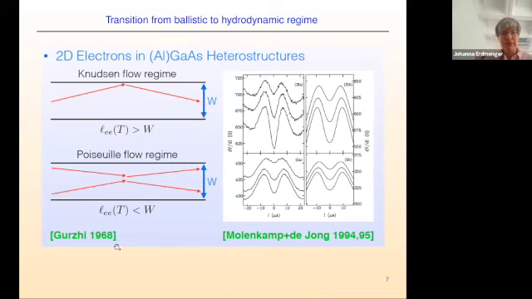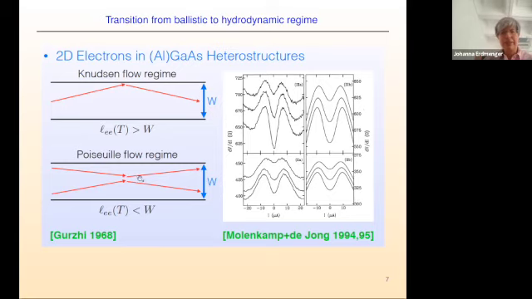That was predicted by a theorist already in 1968, the so-called Gurzhi effect. It's the crossover from this ballistic to this hydrodynamic regime. And if we are in this hydrodynamic regime, then the opposite behavior happens. If you further increase the current, then the resistance goes down again, because of this collective motion there's less scattering off impurities and the walls, and the resistance decreases, which is of course also technologically very interesting.